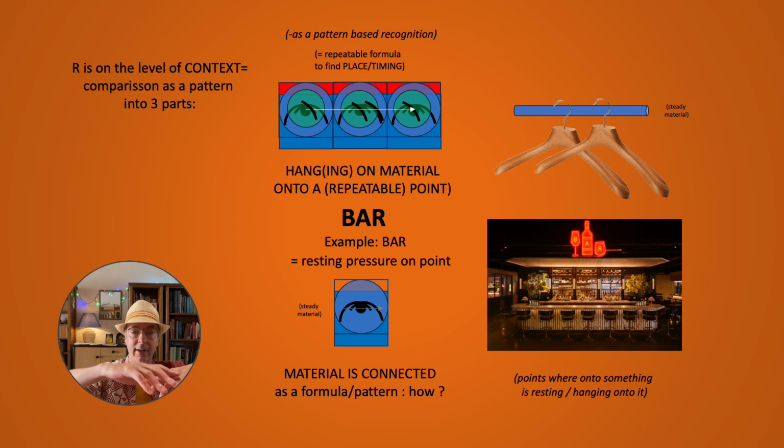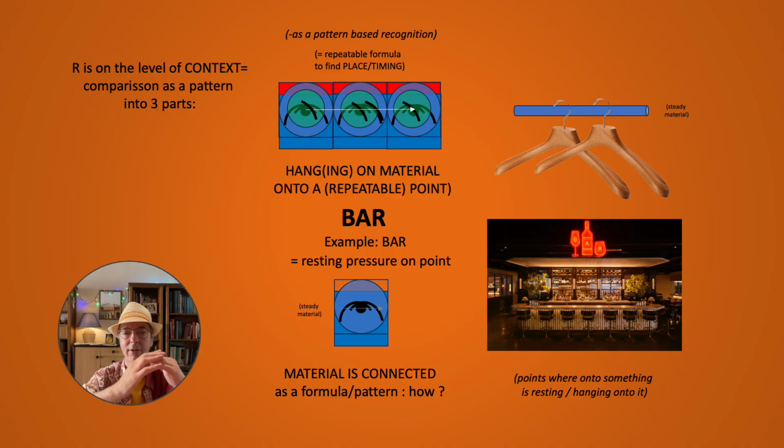Bar is that region that continues. In A it is also a continuation horizontally, where it can continue, and where you have the situation where you have just one point exactly where it will be able to hang on.